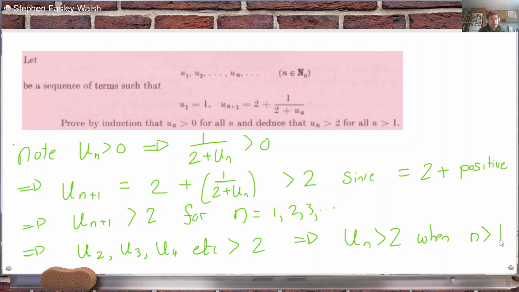Yeah, okay, not as bad as I thought. My first instinct was to think that this question was some kind of inequality proof question, but when you just pause for a moment and look at the equation, you realize it obviously has to be more than 2 because of this piece here always being positive and being added onto the 2, and it's always positive because you've just shown that UN is always positive.